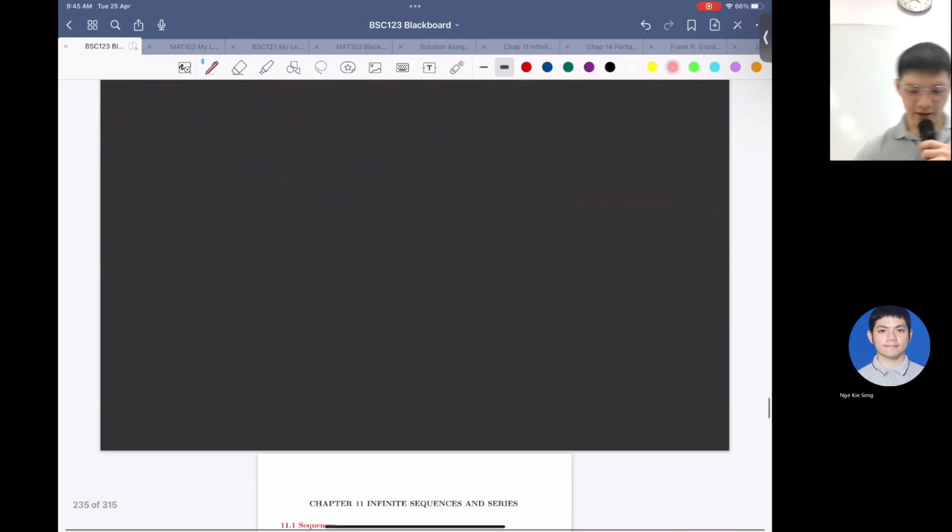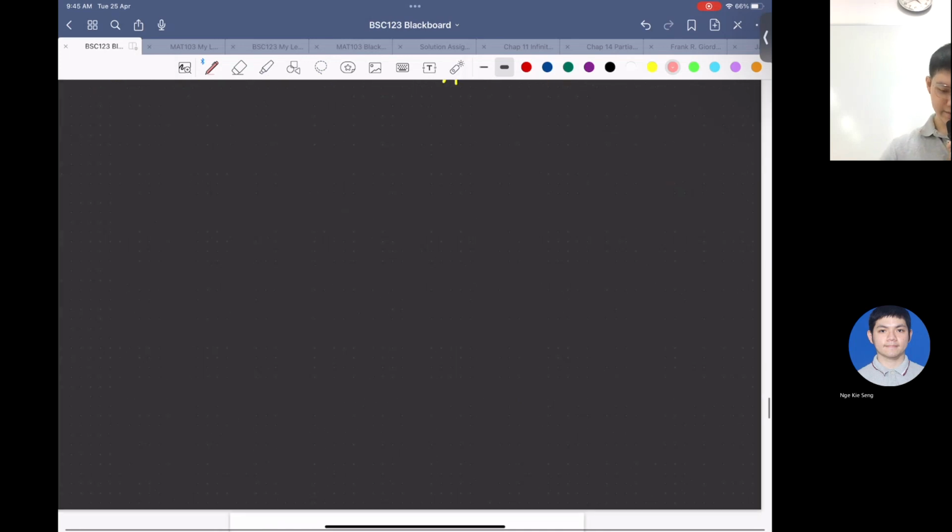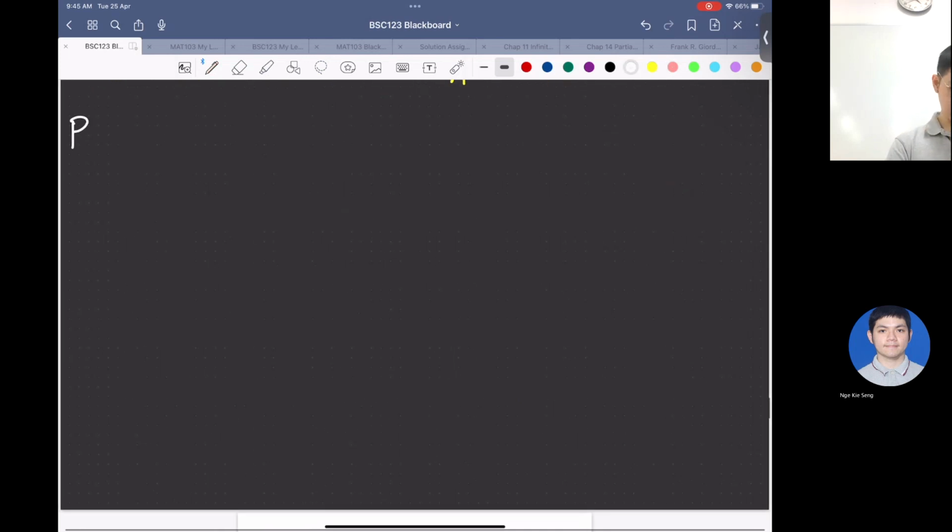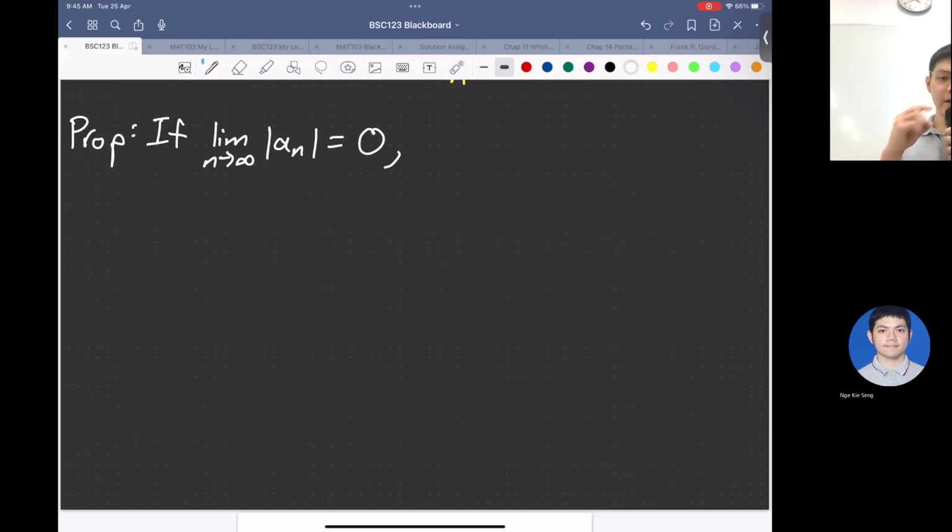Next we have a proposition. The proposition is: if the absolute value of your sequence converges to 0, then the original sequence also converges to 0.